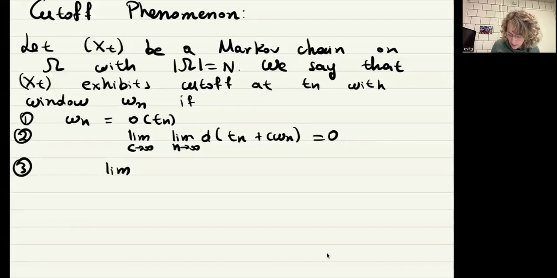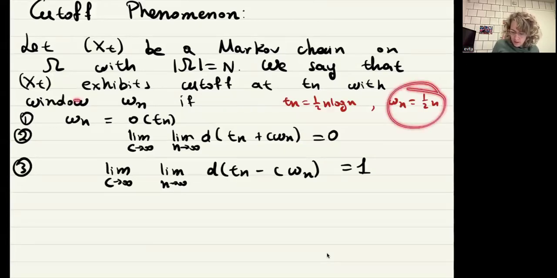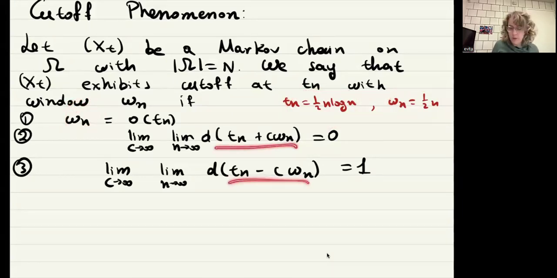And 3, if we set c to infinity again, n to infinity again, but now we take a few less steps, so we subtract the window terms, then we get 1. So for Diaconis-Shahshahani, we had Tn to be 1/2 n log n, and Wn to be, say, 1/2 n. You'll see why I keep the 1/2. So indeed, the window is of smaller order than the main term, and that's exactly what we wrote in the theorem.